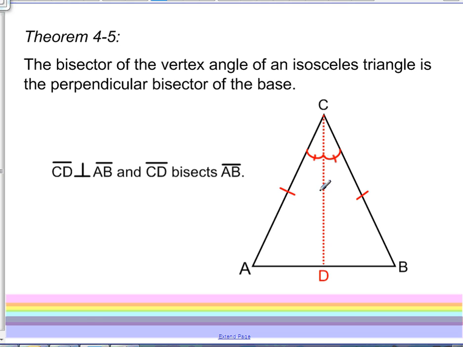Then we can come down and say that this line, CD, is going to bisect AB. So it's going to create two congruent segments, AD and DB. And because it's a perpendicular bisector, it's also creating some right angles. So there's a lot you can do with this particular theorem.